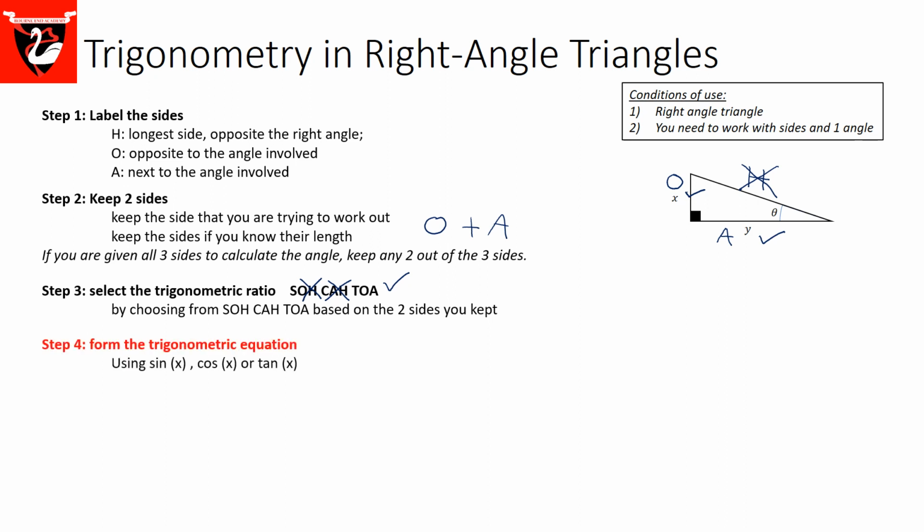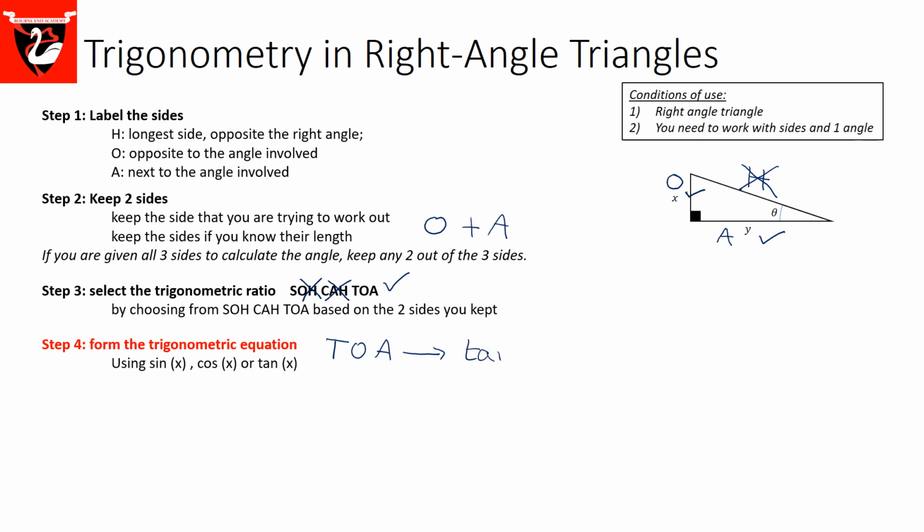Step 4 is a very important, essential step, because all the work you have done so far is preparation work to write the equation. Now here you're going to form the trigonometric equation, and in an exam question, this is where you get your first mark for a correct trigonometric equation. We have identified that we're going to be working with TOA. So the equation will be, the T of TOA stands for tan.